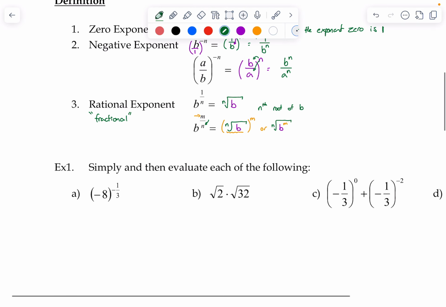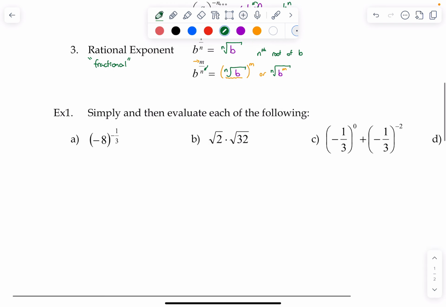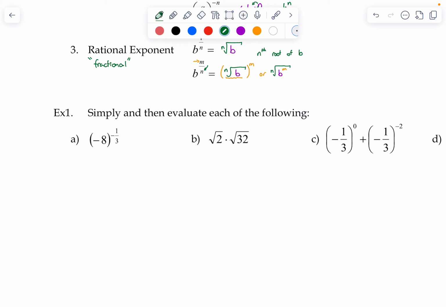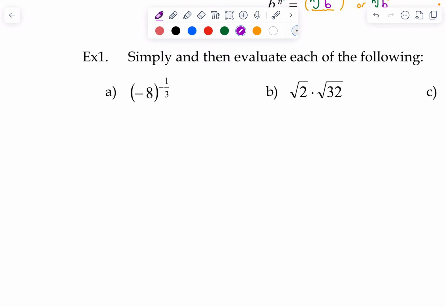So let's apply these rules, these definitions and laws to examples. So let's look at example A. We have -8 in the bracket, and that's being put to the power of -1 over 3. So first step, get rid of that negative exponent. So we want to address the -1/3 in the exponent.